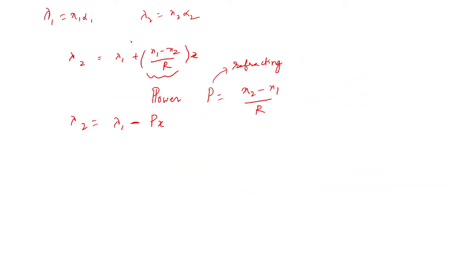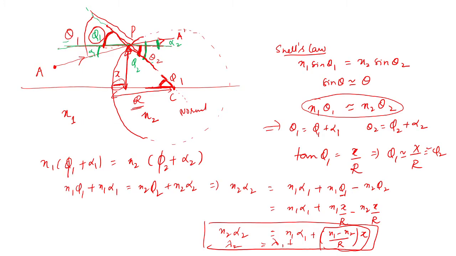If you look at this part, just before and just after refraction, I'm not considering the height at point A and at point A prime. I'm considering the height within the very near vicinity of P. So just before the light hits the refracting surface and just after the light comes out of the refracting surface, it is almost at the same height. It just enters P right here and comes out right next to that, right?